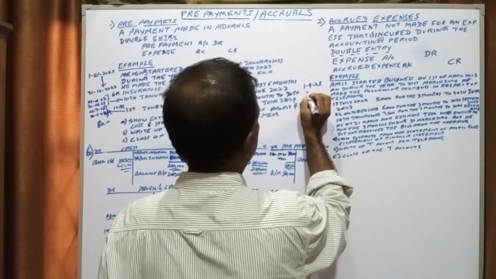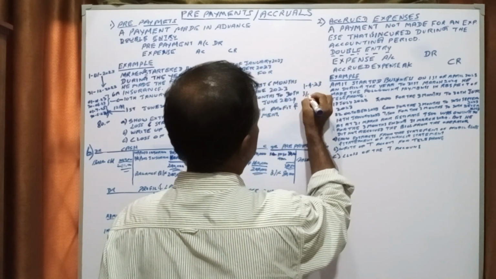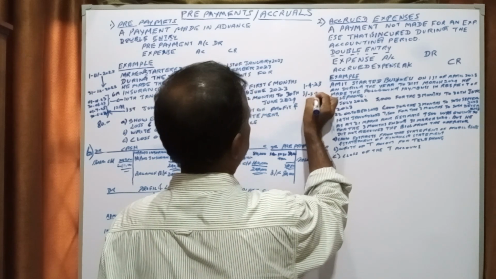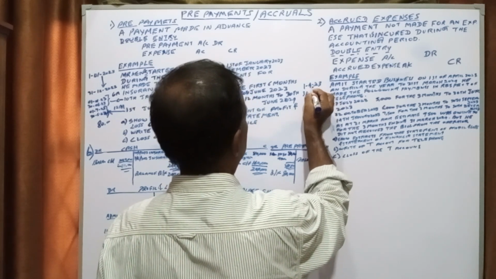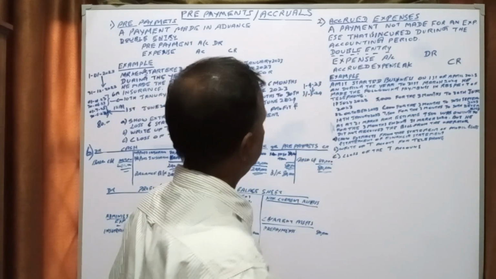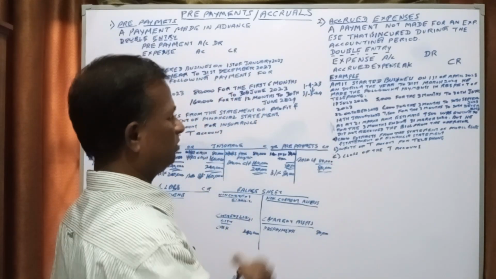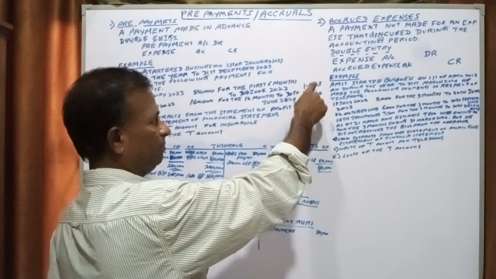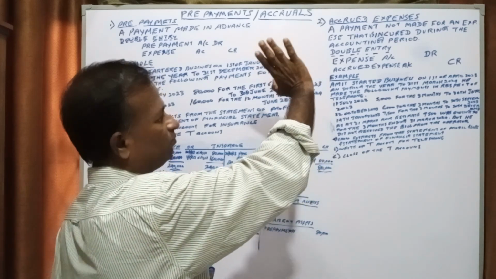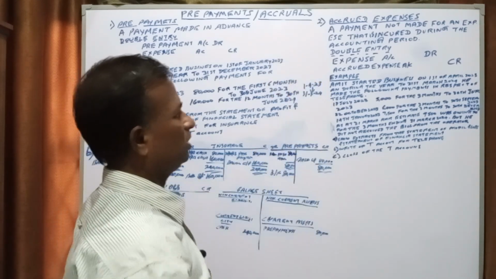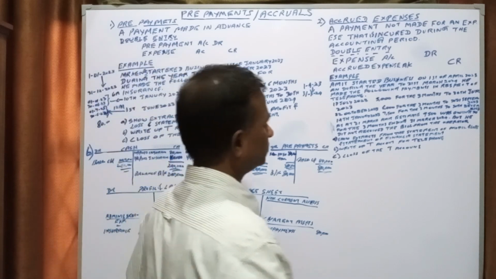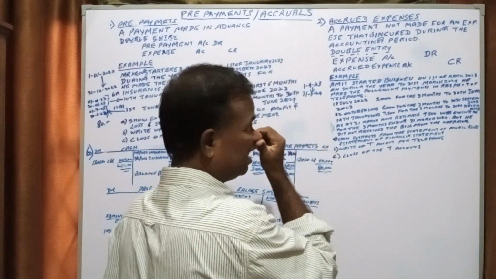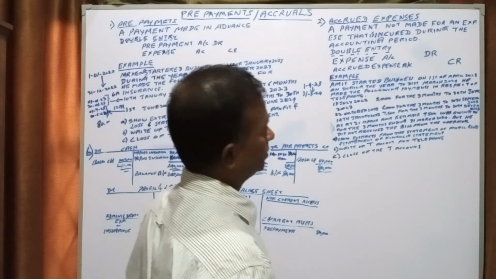His accounting period is 1st April 2023 to 31st March 2024, a 12 months period. Okay, that is the accounting period for him.